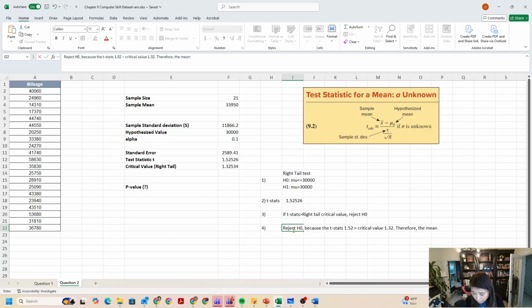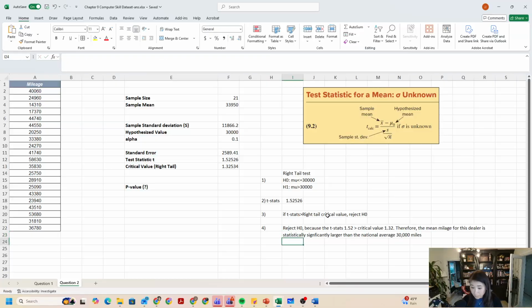The mean mileage for this dealer is statistically significantly larger than the national average 30,000. Okay, 30,000 miles. So unfortunately, this dealer ended up having customers who really love driving. Okay, so this is the first approach.